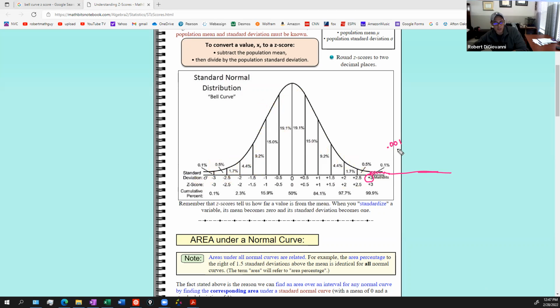So the area from 3 to the right is very small. You have a 0.1% chance of being over there. Whereas if you go here, the area would be 0.191 and 0.191. So those two together, this area, does that make sense?